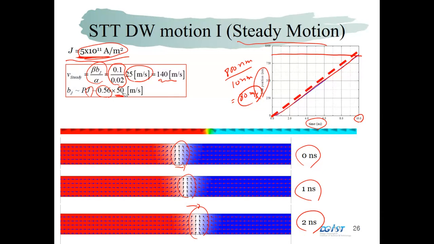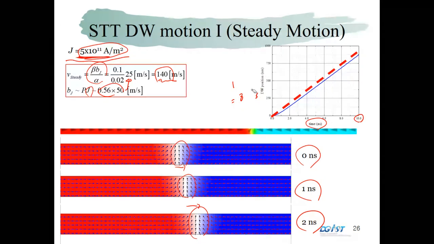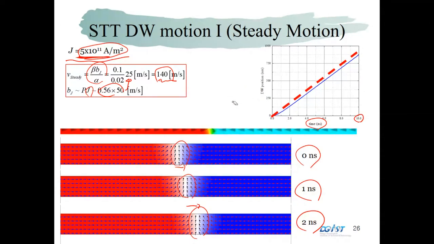So we can obtain this 25 meter per sec for this one. This result somewhat overestimates the micromagnetic simulation result, but still it's not bad. They can predict the order of magnitude.